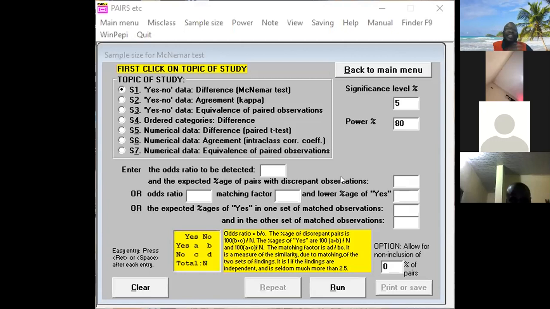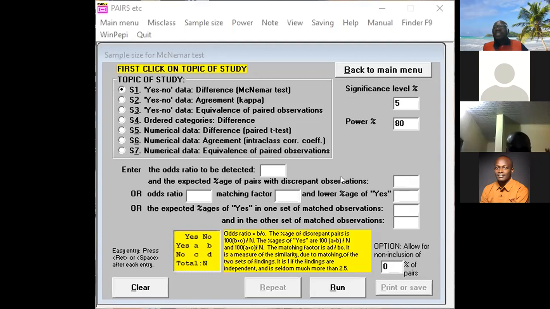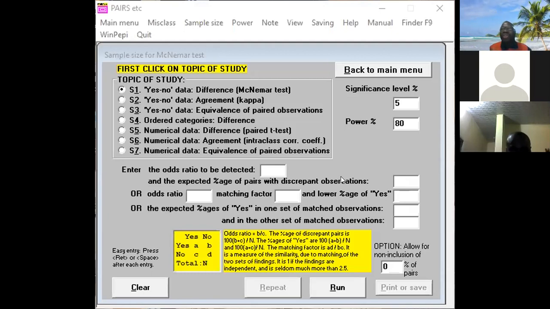The percentage that is changed, if the average rate of anemia was maybe 30%, what is the expected change? Maybe you want it to have reduced by 10% based on your intervention.